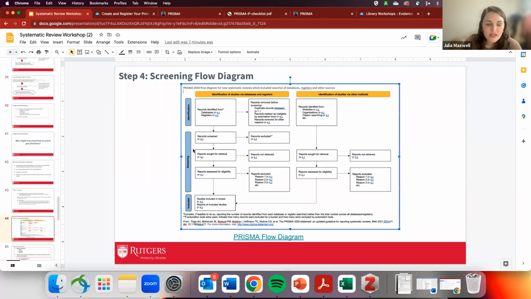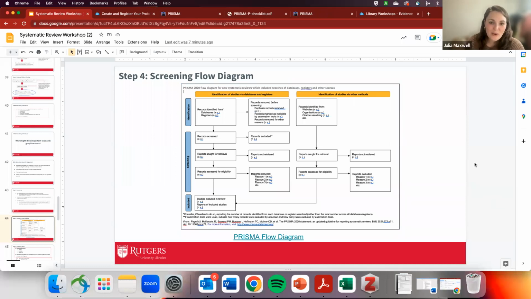That means you read the full text, and then assessed for eligibility. That's the critical appraisal stage, which we'll talk about in a second. And then finally you get to studies you included. This chart has a gray literature section. This is identification of studies via databases, and this side is via other methods, via internet sources, for instance.